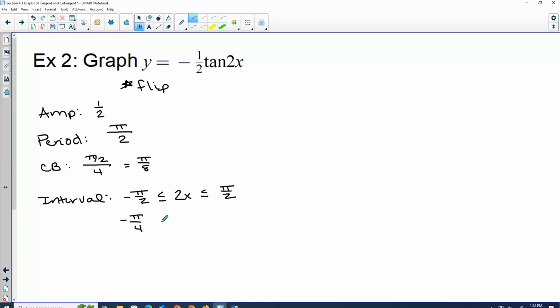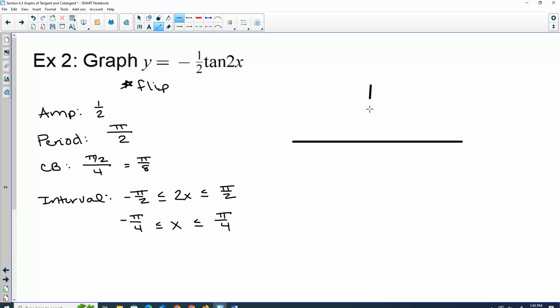So we get negative pi over 4 to positive pi over 4. So my first x-value is going to be at negative pi over 4.